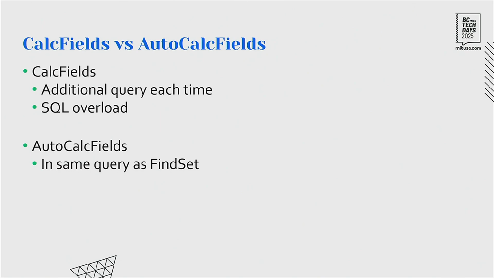In the second case, when you use AutoCalcFields, that statement is put in front of findSet, so you get an optimized findSet query, which we will see in a bit, which will automatically include the fields which need to be calculated.